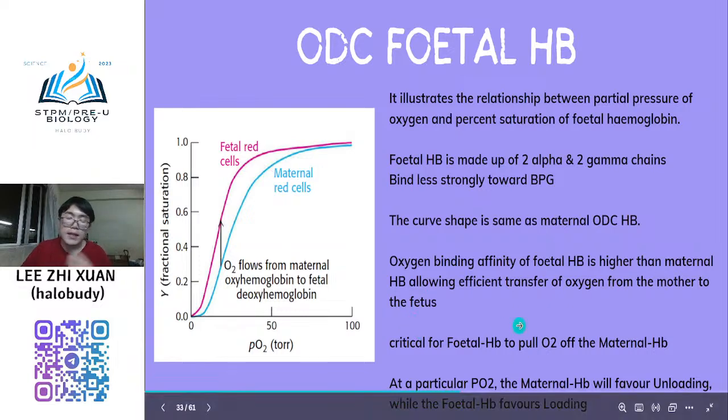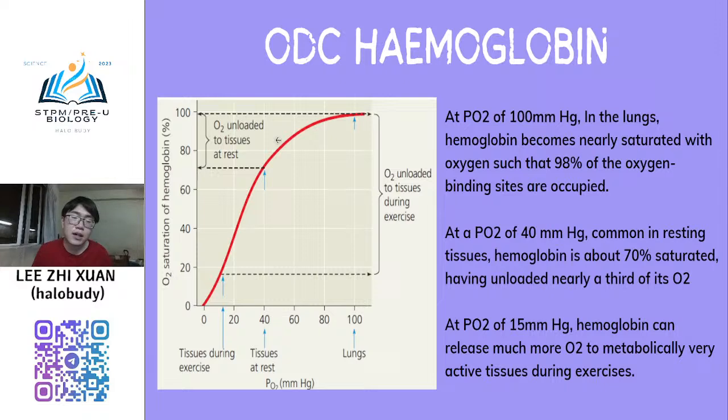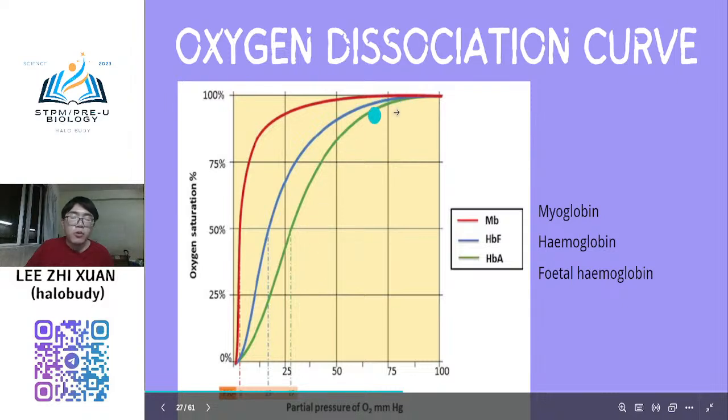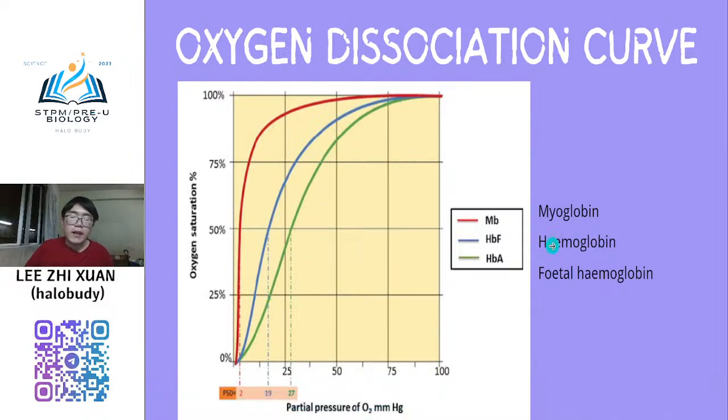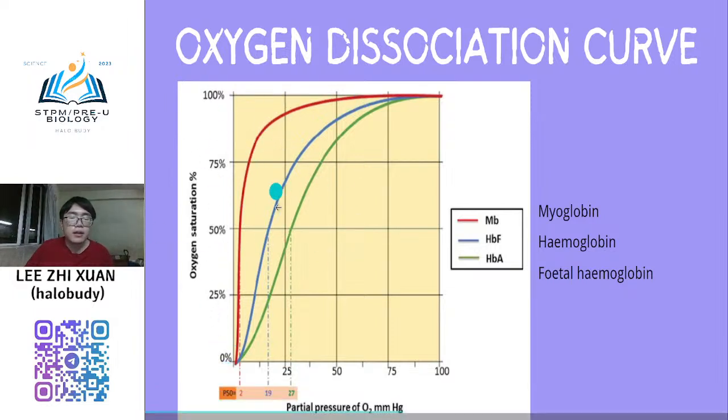Okay, so I think this is the curve of the fetal hemoglobin. That is why the curve of the fetal hemoglobin is slightly more to the left hand side, so the oxygen molecule has higher affinity toward the fetal hemoglobin. And I think on this curve I already made a mistake.